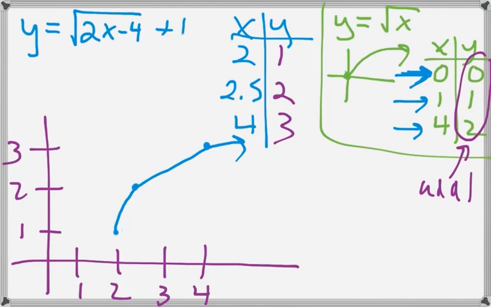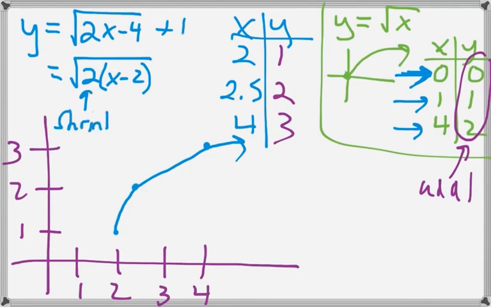But why did it only shift 2 units? So here's what's happening. If you factor out a 2, you have x minus 2. So you have the shrink by the factor of 2. So all the x values got cut in half initially, and then here's the shift to the right 2 units.